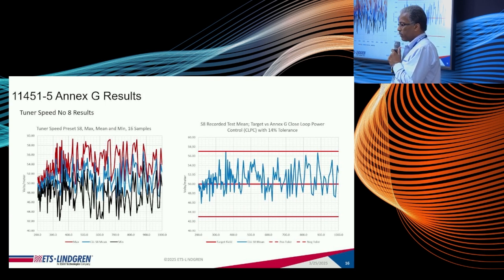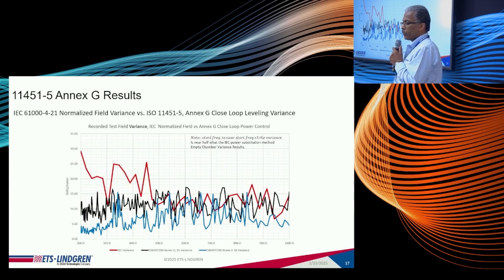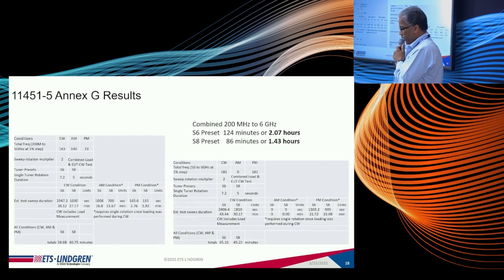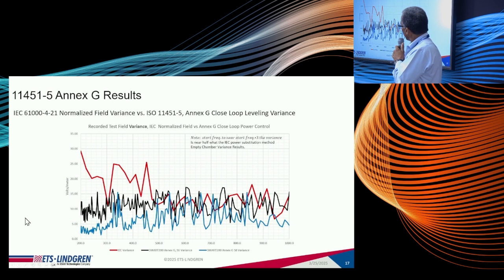And when compared to the spread that we saw with the IEC procedure, the red curve here is showing what we measured earlier with the IEC procedure, where we were almost 30 volts when we look at the max of the maxes compared to the min of the maxes. When we compare the similar variation used in the ISO procedure, the black curve is at speed 6 for the measurement, and the blue curve is at speed 8.